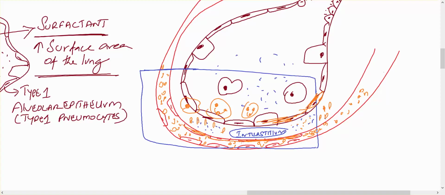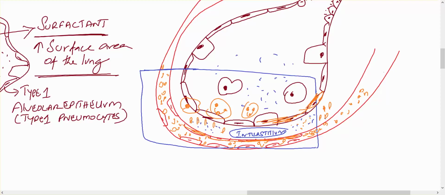This kind of fluid has protein as well as cells, so it is an exudate, an inflammation. So this is also edema, but this edema fluid is an exudate, so it is a non-cardiogenic pulmonary edema.